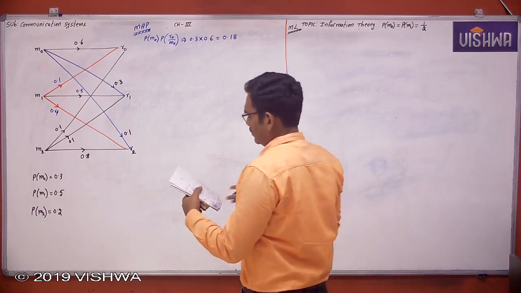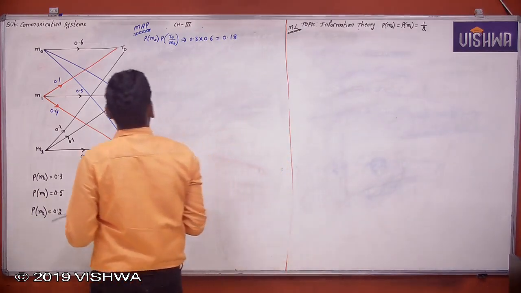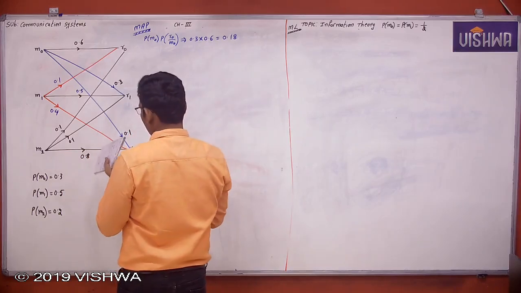This is the main product. Then you take the remaining products.